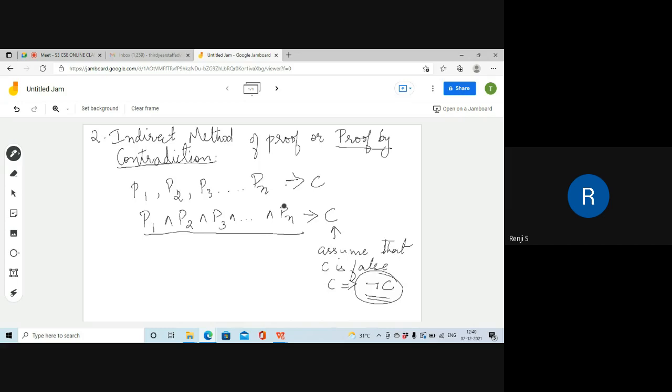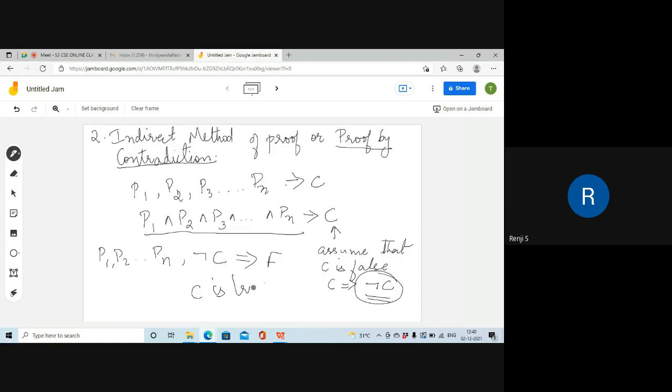Now, if the new set of premises leads to a contradiction, that is, false, then we can say that the conclusion C is true.